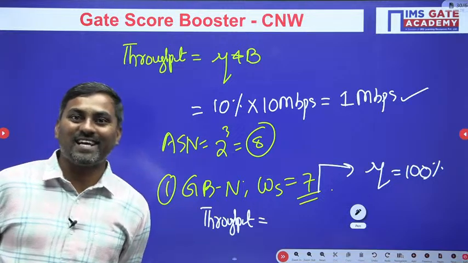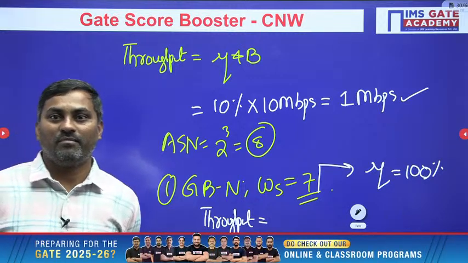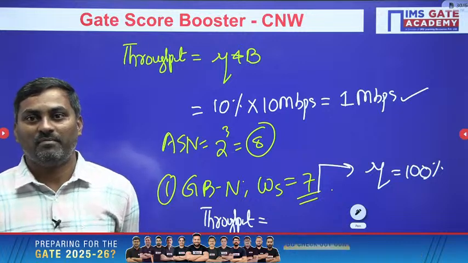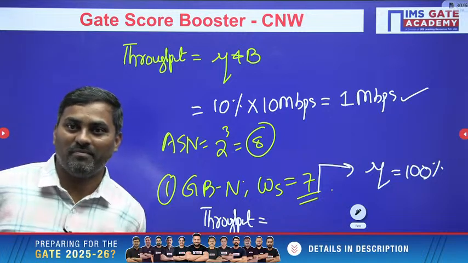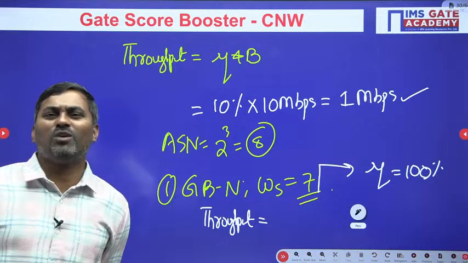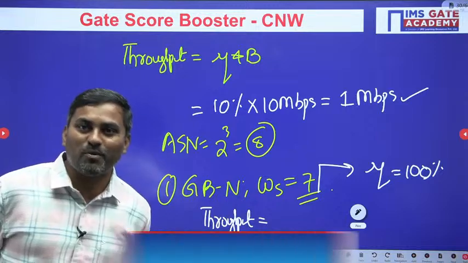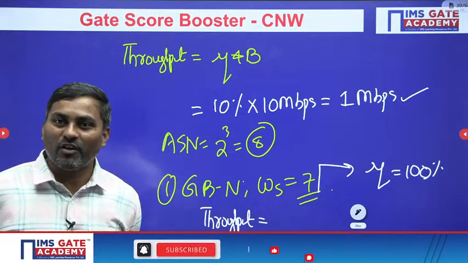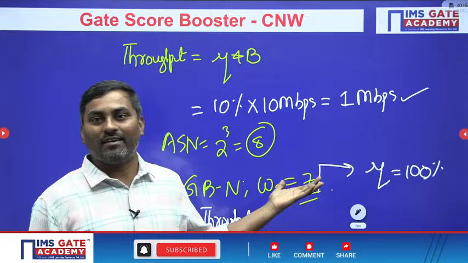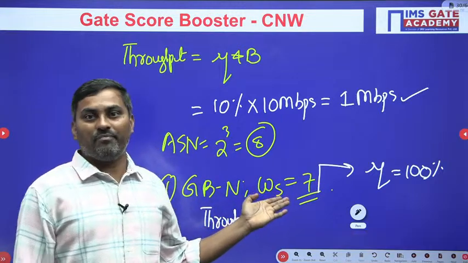Seven Mbps is correct. Very good observation. That is transmission delay by transmission delay plus 2 times propagation delay. We were sending 1, but now we are sending 7. Correct or not? We are able to send 7 now.